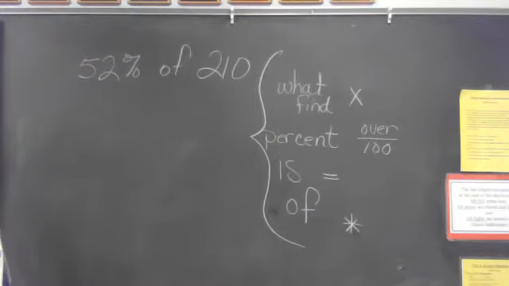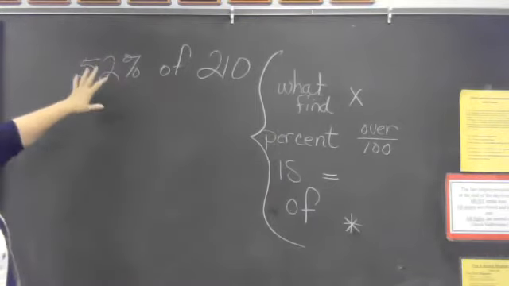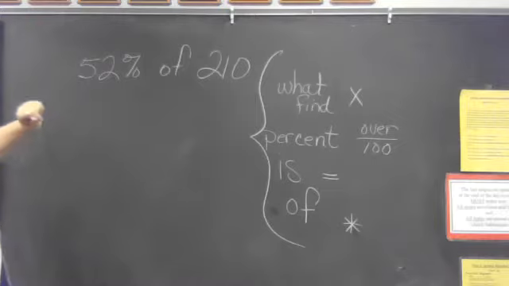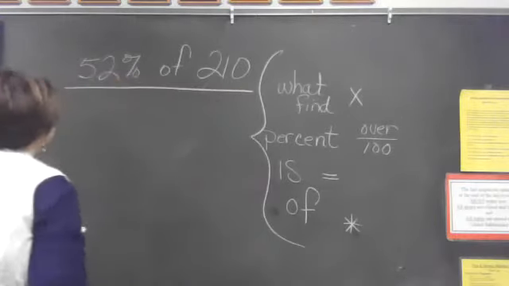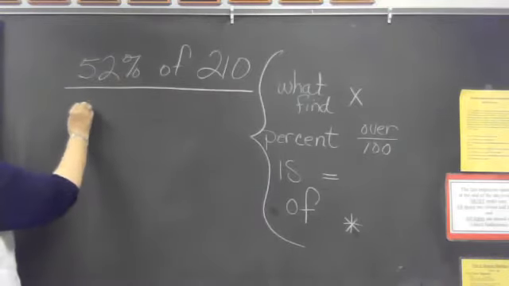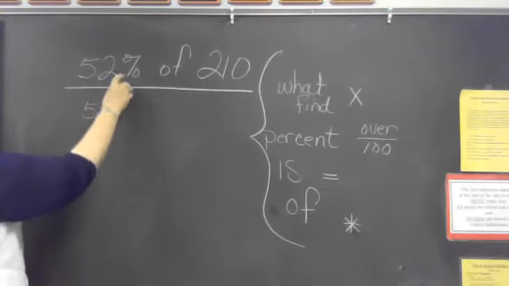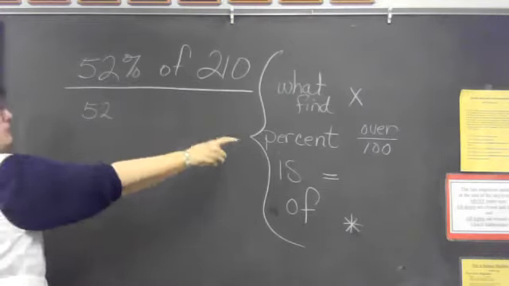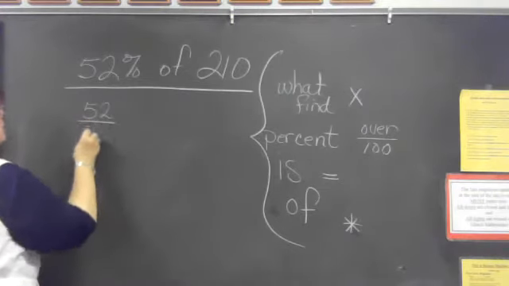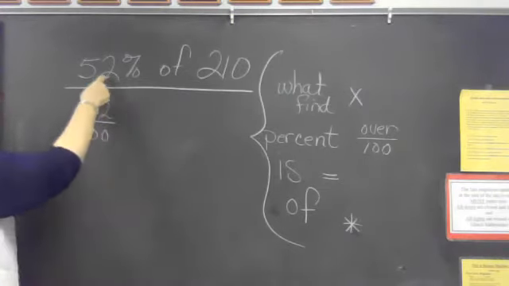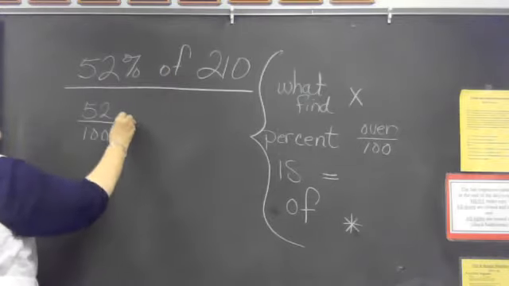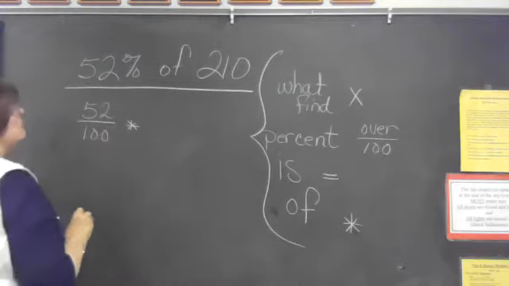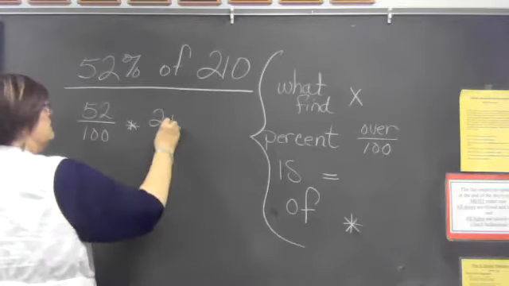I've seen a lot of students struggle with these, and you don't have to. Okay, so we're going to translate this into mathematics, and it says 52, so we write a 52. It says percent, and percent means over 100. So this says 52% of is times 210.